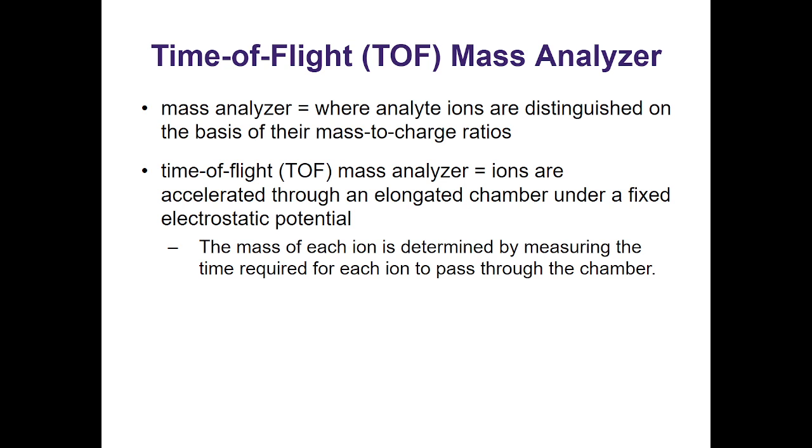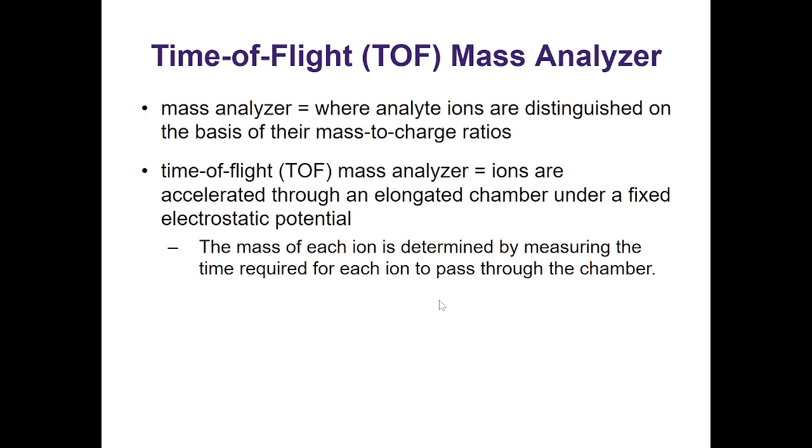In the time of flight mass analyzer, the ions are going to be accelerated through an elongated chamber under a fixed electrostatic potential. Notice this is very different than the one we had talked about earlier, the normal mass analyzer. Okay? Instead of hitting the sidewalls, you're actually looking at how long it takes to get from one side to the other. Okay?